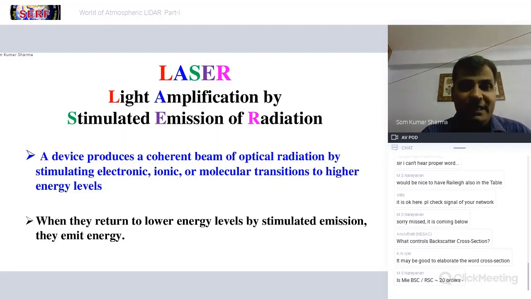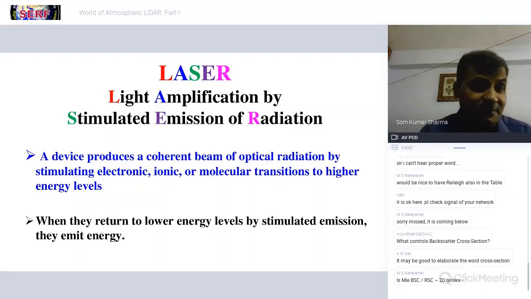So if you see the slide in front of you, laser stands for light amplification by stimulated emission of radiation. Like LIDAR is light detection and ranging, laser is light amplification by stimulated emission of radiation. And the word laser is again very fascinating.